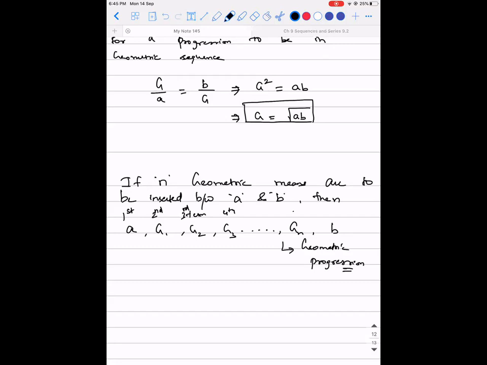It is n plus 1, because you have G1 to Gn, there are n terms, and you already have one term A in the beginning. So Gn should be the n plus 1th term. Then B will be the n plus 2th term. That is, to n we need to add 2 to get the term B. Am I clear till this point?